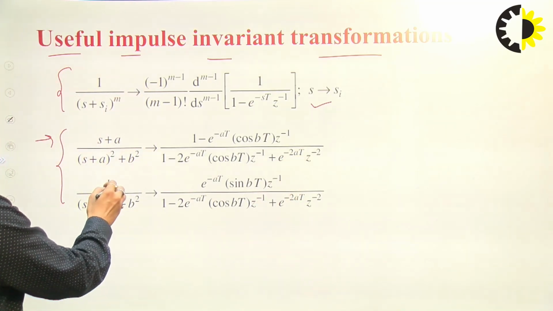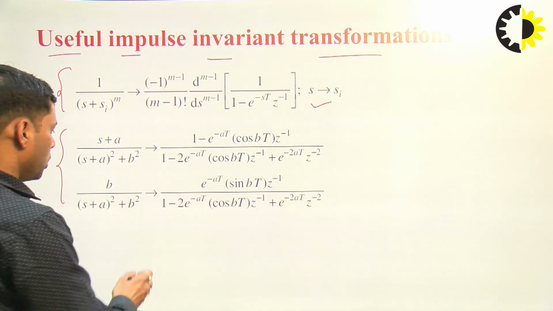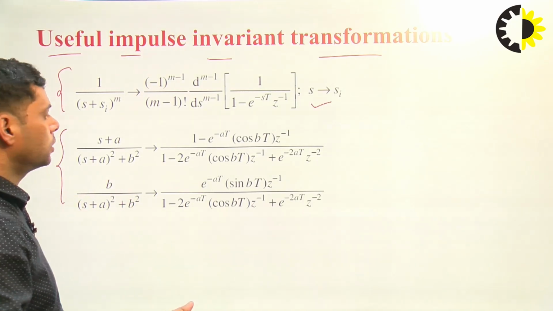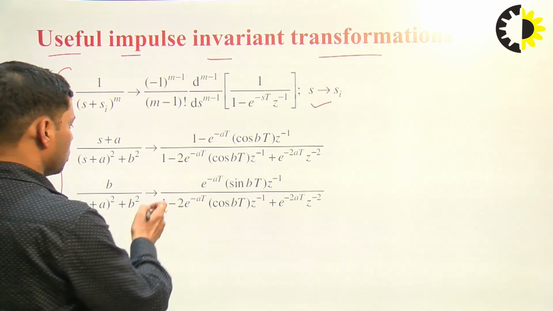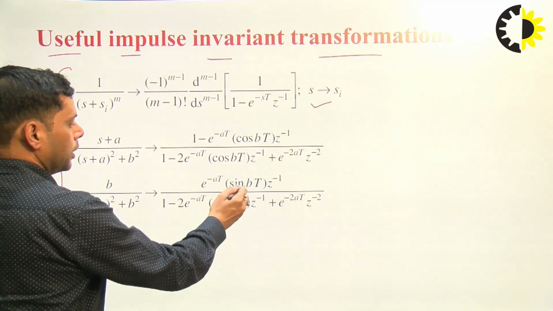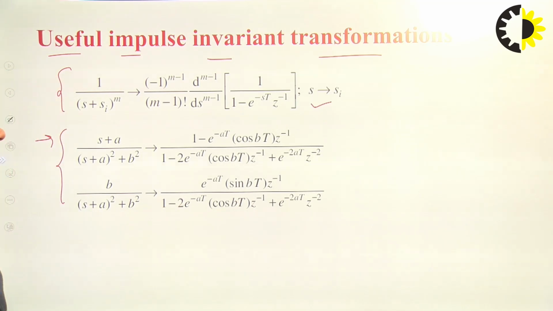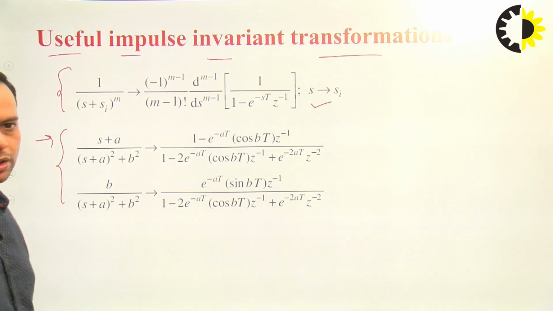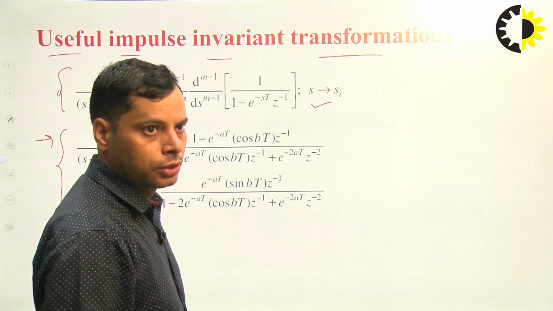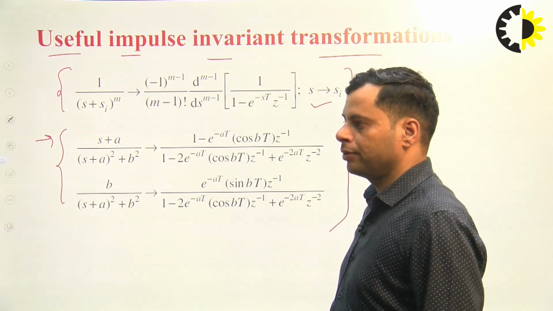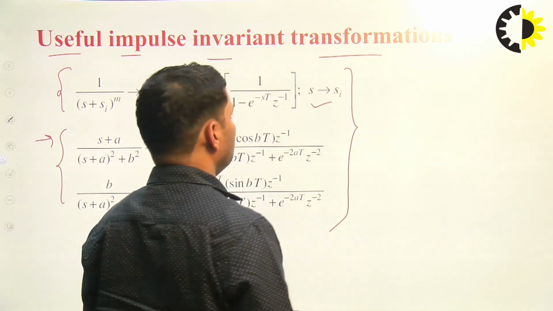If it is in the form b upon (s plus a) square plus b square, because these are some special notations in the Laplace domain, then it equals e raised to power minus aT sin bT z inverse upon 1 minus 2 e raised to power minus aT cos bT z inverse plus e raised to power minus 2aT z raised to power minus 2. So these are some important transformations with the help of the impulse invariant transformation method.